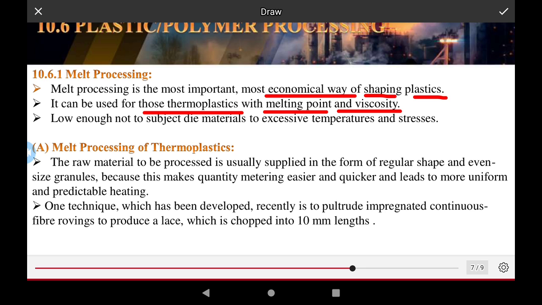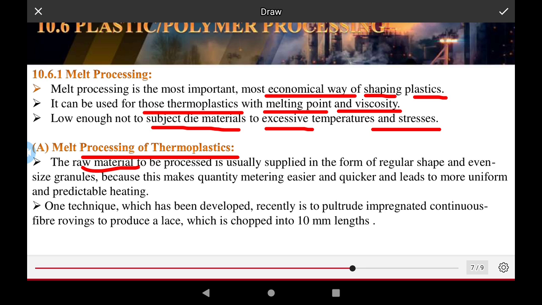The specific density of plastic varies from 1 to 2.4, so it is very light, and the temperature and stress of plastic melting are low enough for the die material.